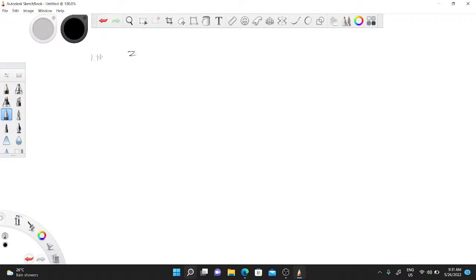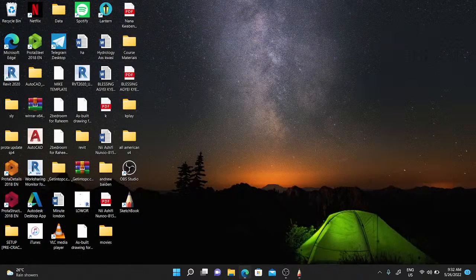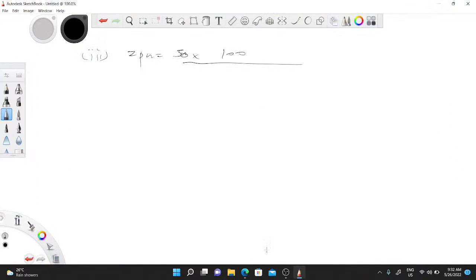So for the transmission line, our ZPU is our Z actual, that's 50, times our base power, 100 megavolt amps, over our base voltage in kilovolts squared. Remember that we found the voltage along this line to be 113.4, so that's what I'll use: 113.4 squared.